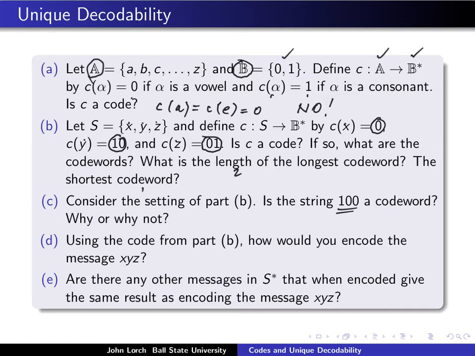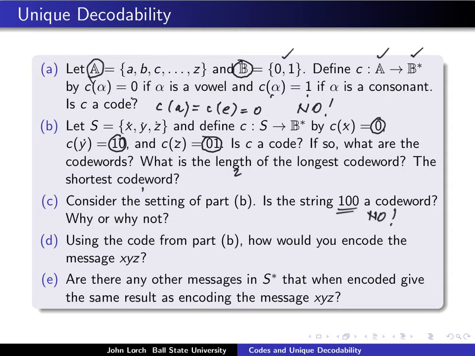It's just X, Y, and Z. X gets sent to 0. Y gets sent to 1, 0. Z gets sent to 0, 1. So those three strings, 0, 1, 0, 0, 1, are our only code words. So this thing is not a code word for the reasons we just talked about.